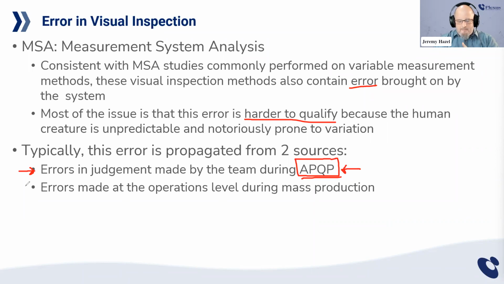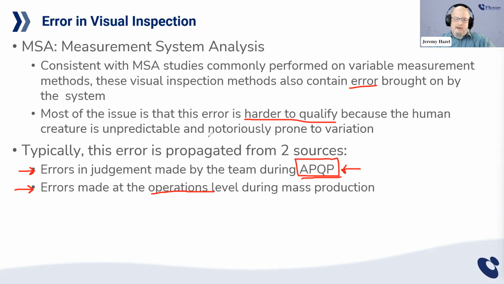Even if the APQP team gets this right, once we go into mass production, there can be errors made at the operations level. So let's say that the team made the right call implementing visual inspection, but when we hit the mass production stage and it's 3 shifts, variations on the floor in mass production are the second place of error.